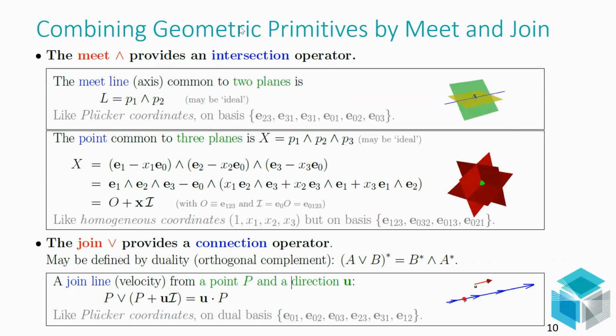Now I've said that automatically from this concept of invariance, you get new kinds of operators. This wedge product is actually the intersection operator between two planes. And I have started with planes. I have been able to make lines. This space actually also has points, but really only as the intersection of three planes.